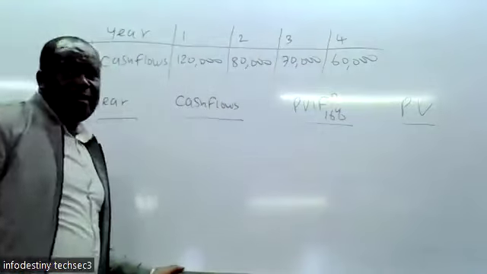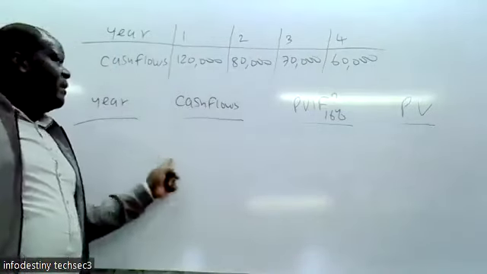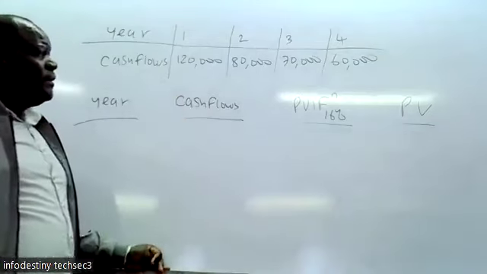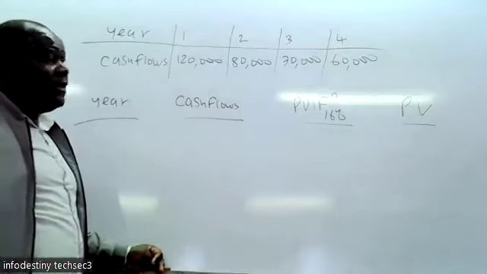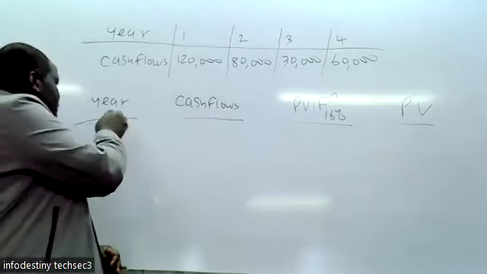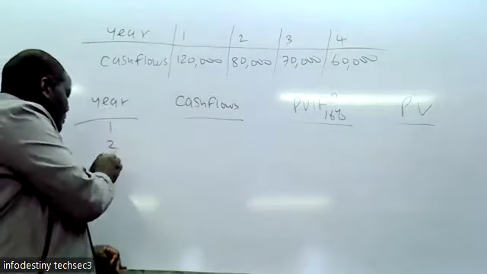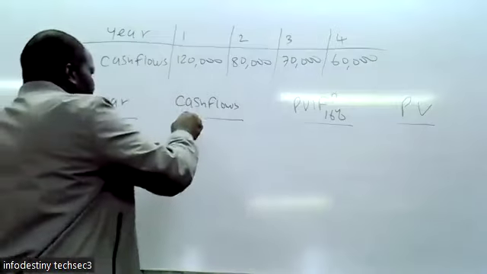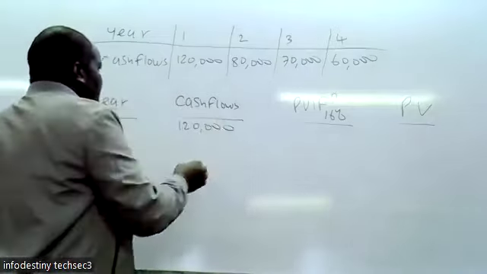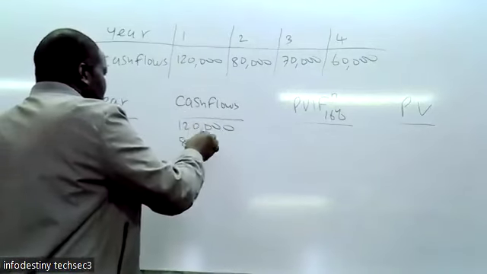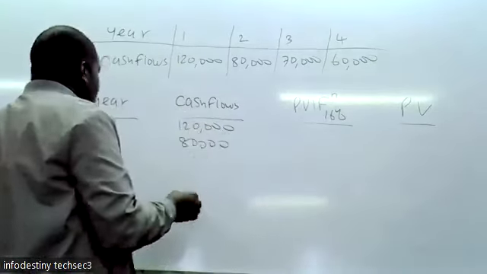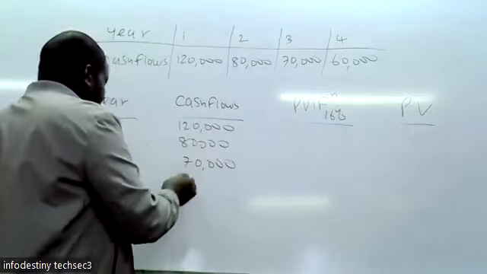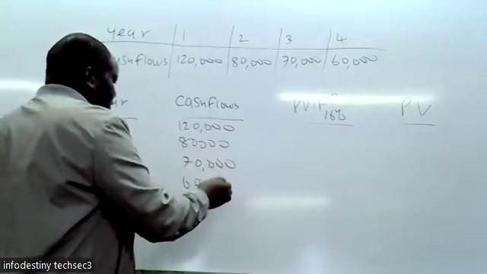So there is year 1, 2, 3, and 4. Year 1, it is 120,000. Year 2, it is 80,000. Year 3, it is 70,000. Year 4, it is 60,000.